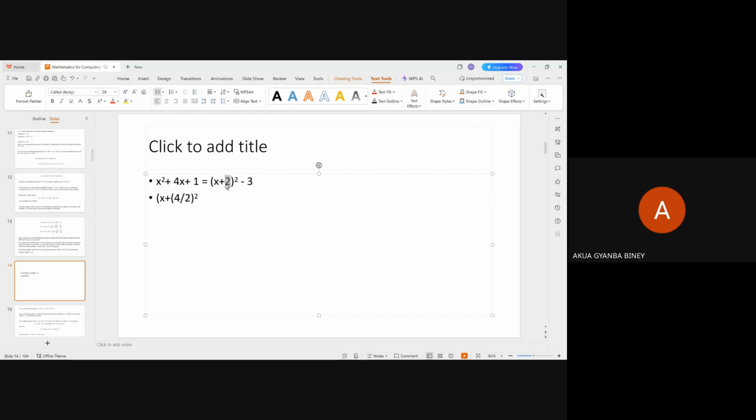And this value is coming as a result of the b divided by 2. Is that clear? In the whole square, I think there should be another bracket after the 2. Okay. So that is how we get this part.